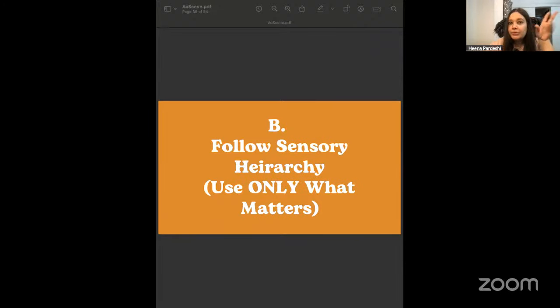Actually, mostly we'll be using only two details. Don't try to describe everything. Describe only what matters. Use the sensory hierarchy to pick the one or two details your character would notice first based on how they're feeling. That's what creates powerful sensory layering.